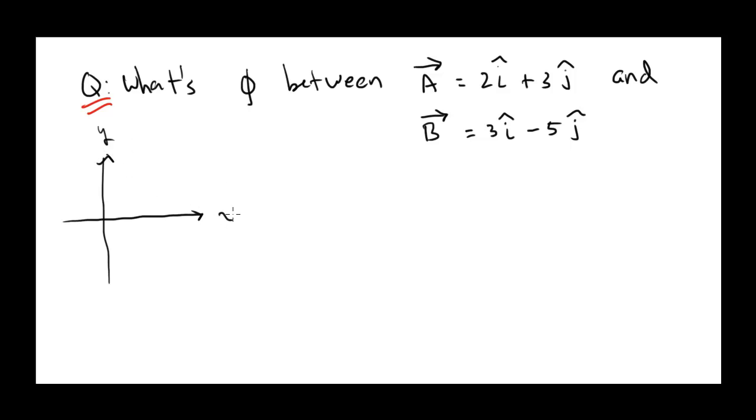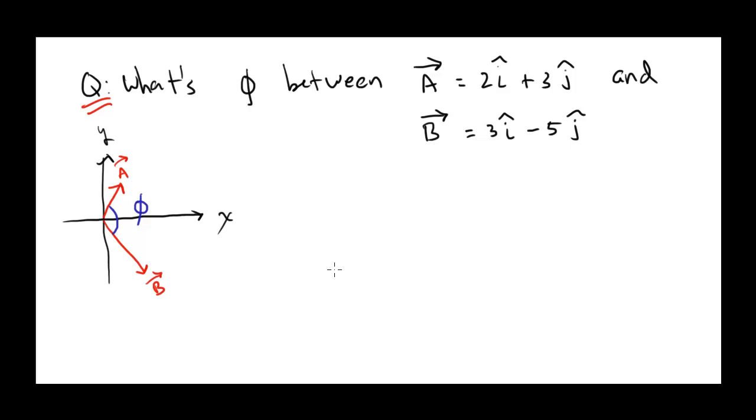Vector a looks something like that, and b is something like that. And I want to know this angle, the angle phi between a and b.